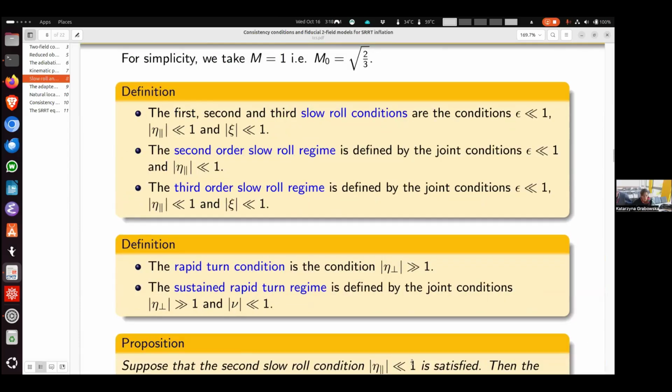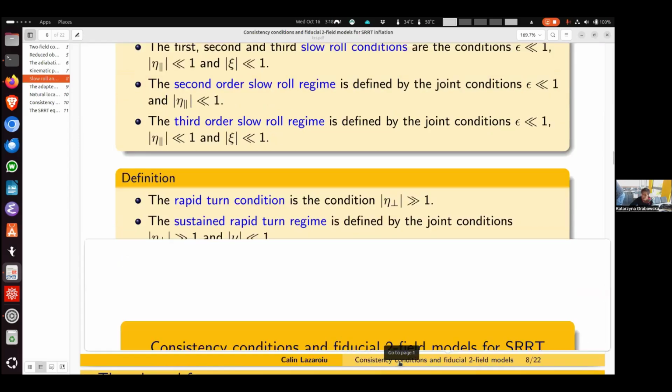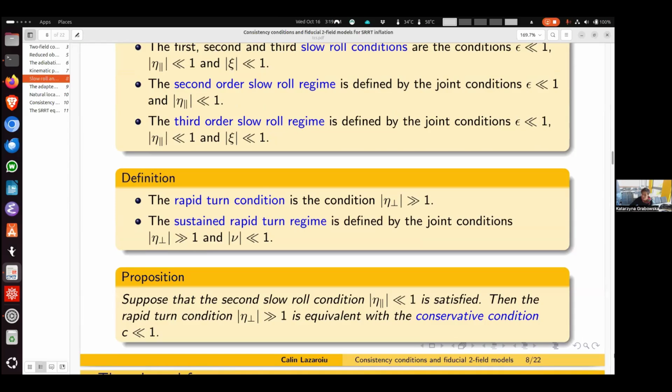Okay, so I propose that we take a 10 minute break, which means that we meet again at 3:30 Warsaw time. And Calin, please remember that you have half an hour after that. Okay, good. So 10 minutes, yes? Yes, Emma.